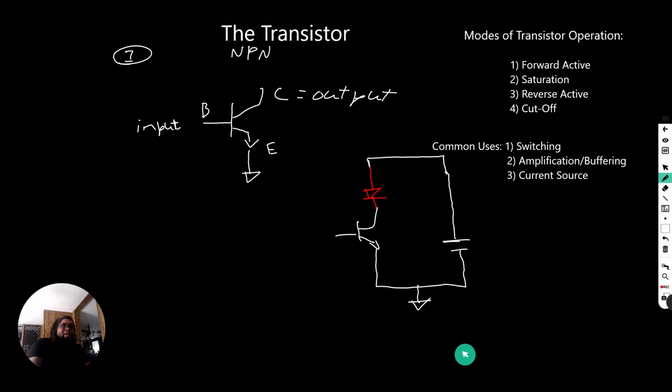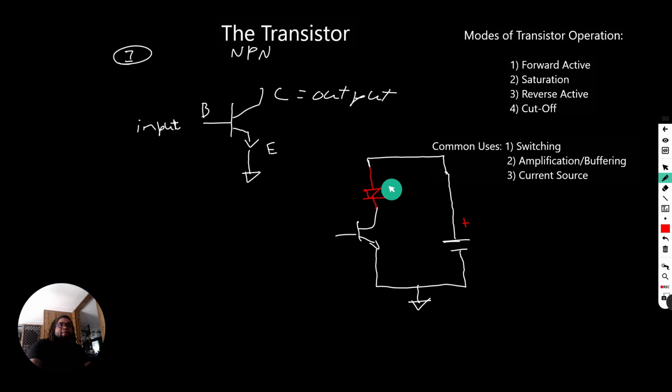So what's happening here is I have a battery. Let's put this in a different color, in red as well. So this is the positive terminal of the battery. This is our ground. Our ground is connected to the emitter.